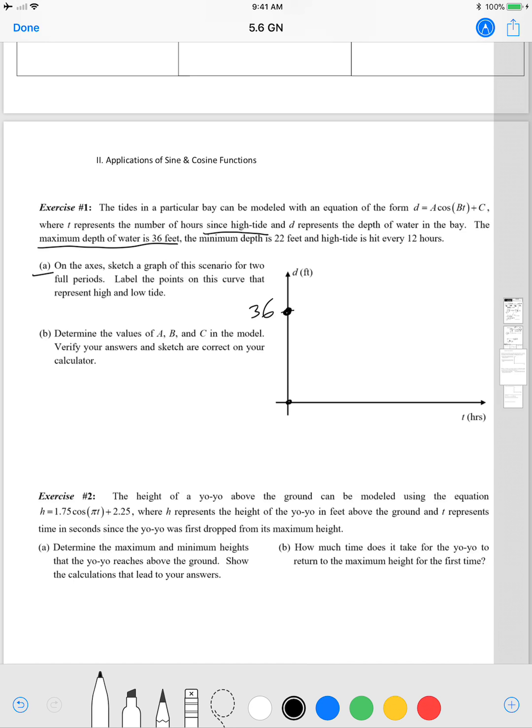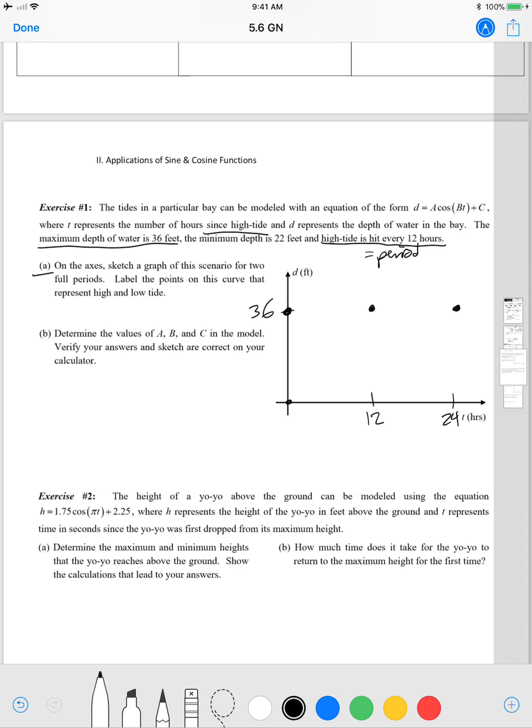Because for letter A, they want us to sketch a graph of this situation. High tide is hit every 12 hours. That's my period. That's how often it takes this to repeat. So 12, 24, so we can see 2 full periods. And after 12 hours, I'm going to be back at 36 feet.